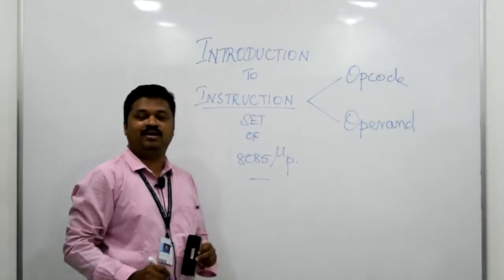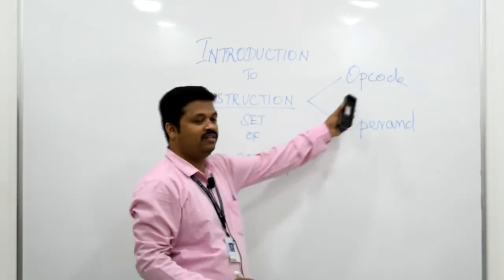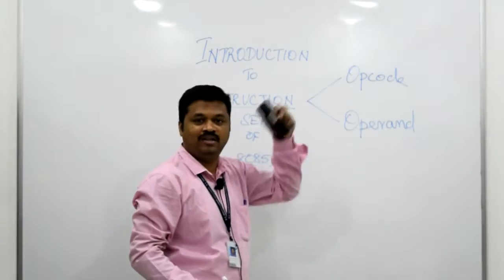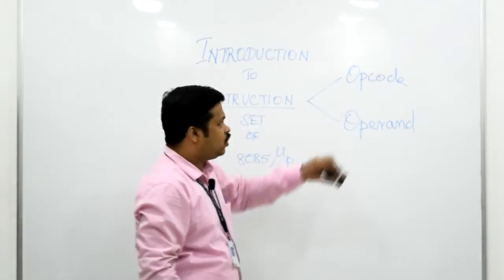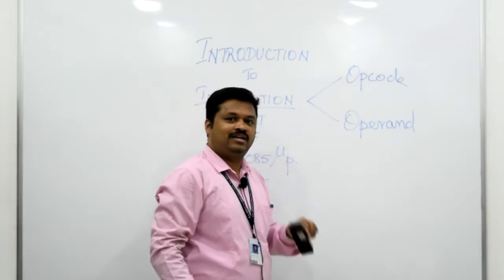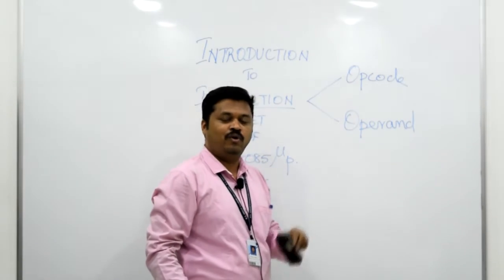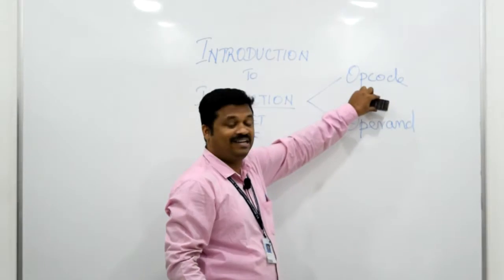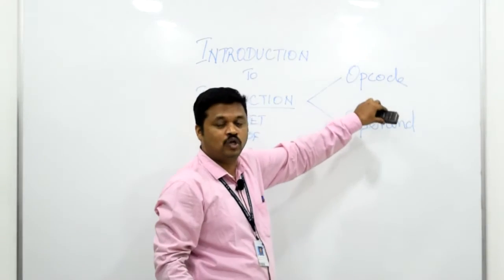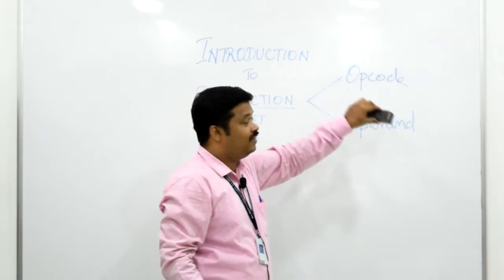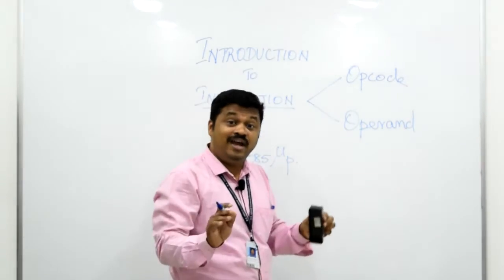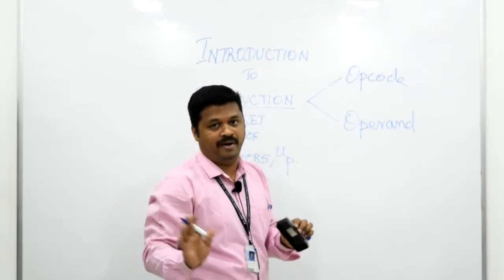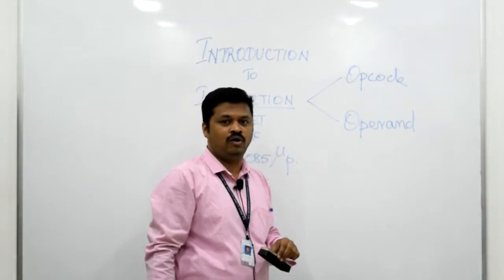So there are 2 components in an instruction, one is called the opcode, the other is called the operand. Now what is opcode, what is operand? Opcode is the operational code. What do you mean by operational code is, the task to be performed is called opcode. Operand, the data to be operated on, is called operand.